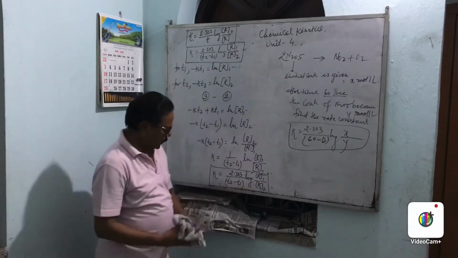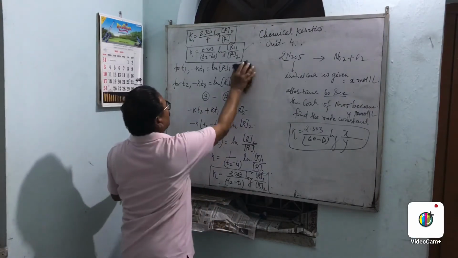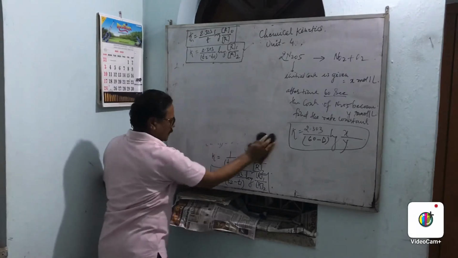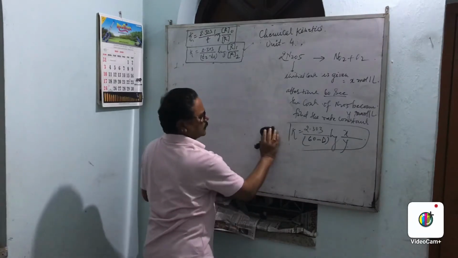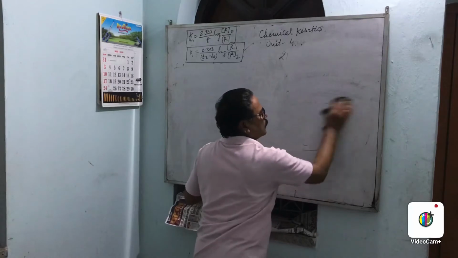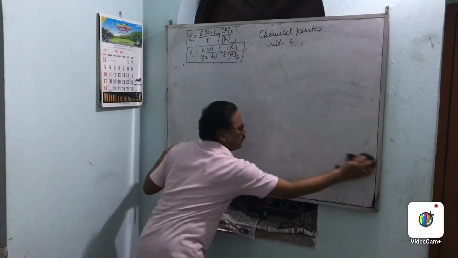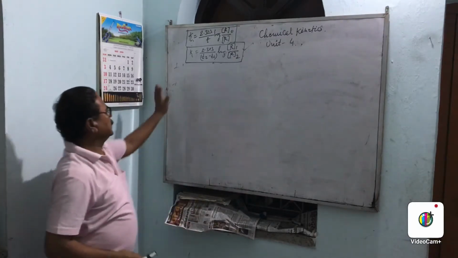Now we take another example, how we calculate the value of the rate constant by plotting a graph. Now all the things are clear. This is an important topic of this chapter, so many problems are based on these mathematical expressions.